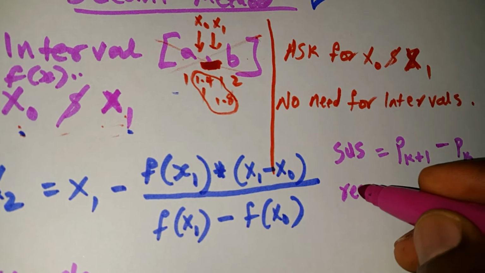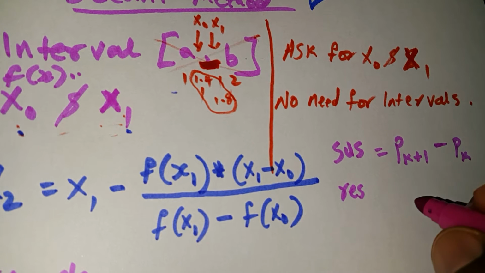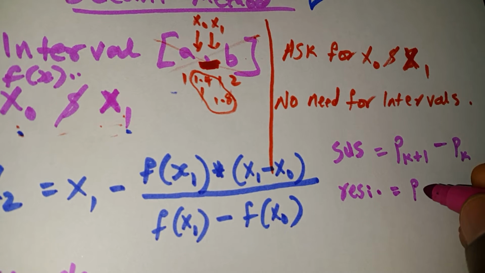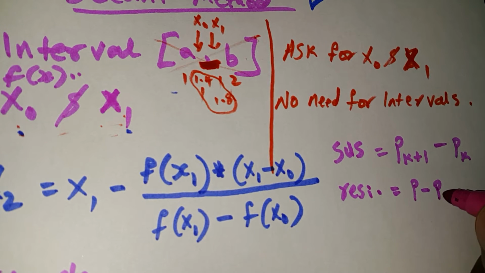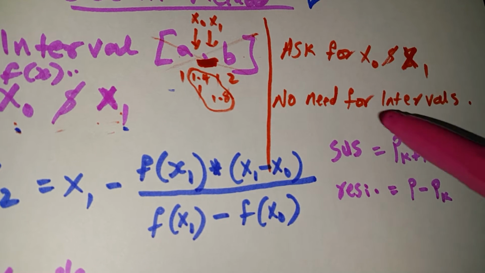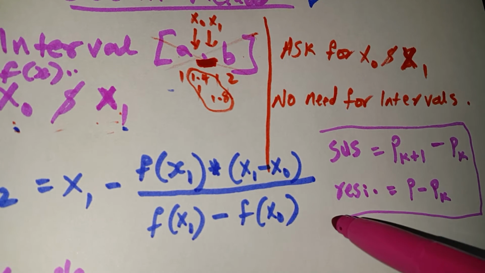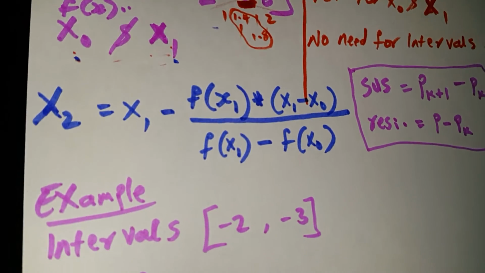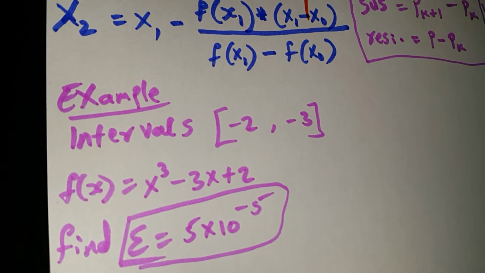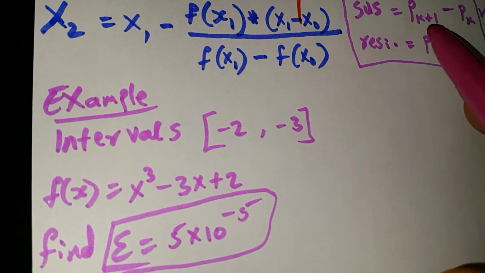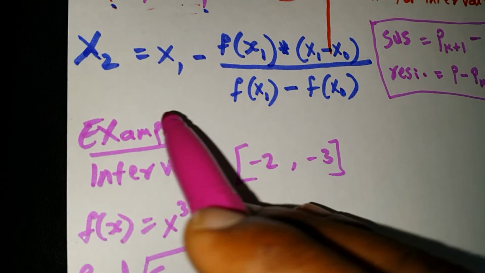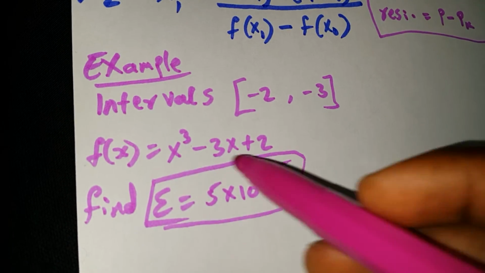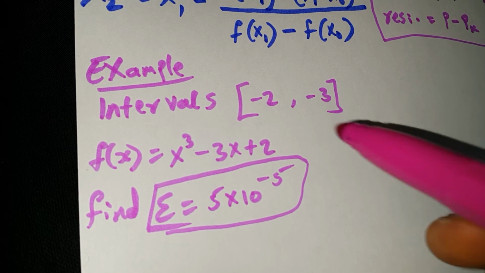Then our residual error is p minus pk. These are the two errors we have in the secant method. You have to find these two errors in each iteration that you do. Solve it, find the error in x2, find the error in x3, find the error in x4, till you get to the error that you are asked to find.